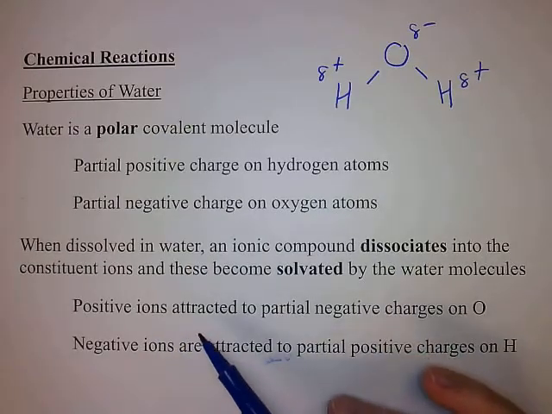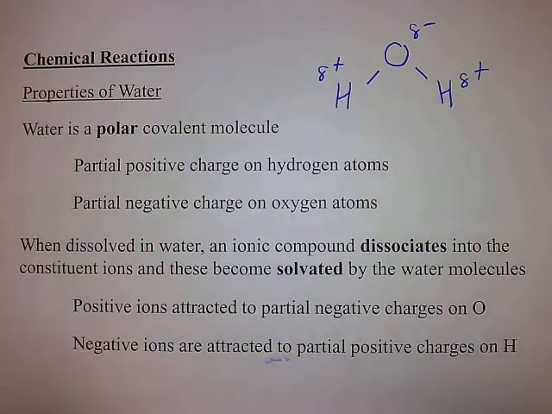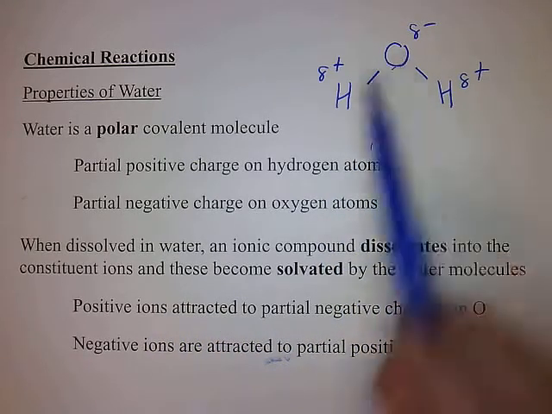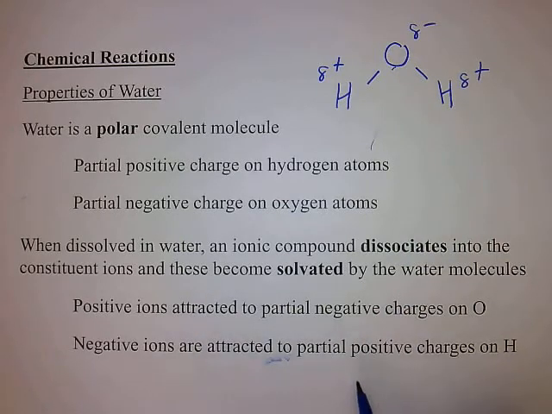So if you have an ionic compound, it dissociates into the positive and negative ions, and the positive ions are attracted to the partial negative charges, in other words, to the oxygen atoms, and the negative ions are attracted to the partial positive charges, in other words, to the hydrogens.